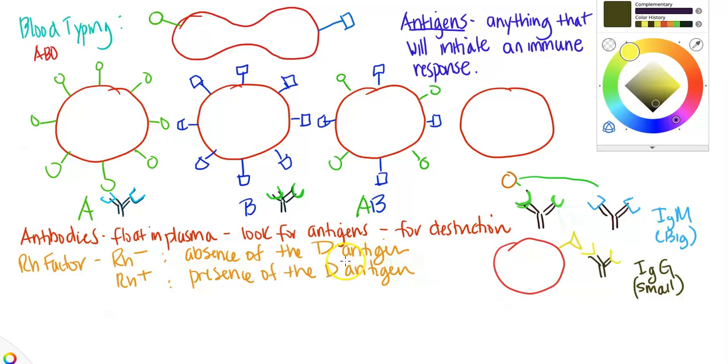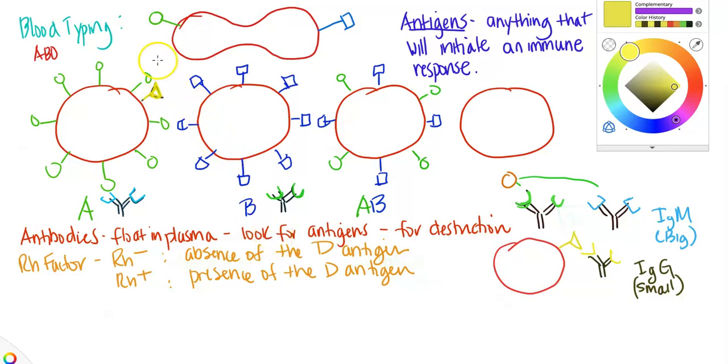So in blood typing, your blood type, you're either going to be A negative, not have the D antigen and just have the A antigens, or you're going to be A positive and you're going to have that antigen there.